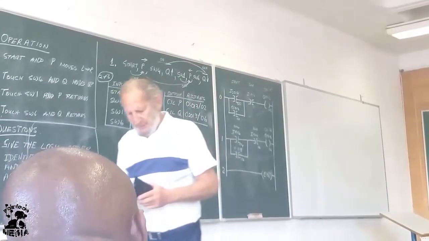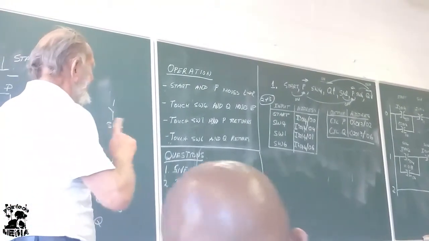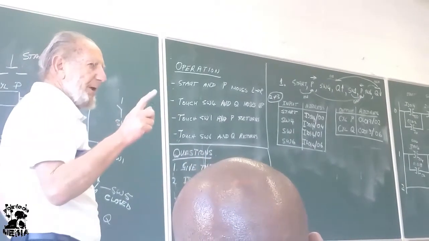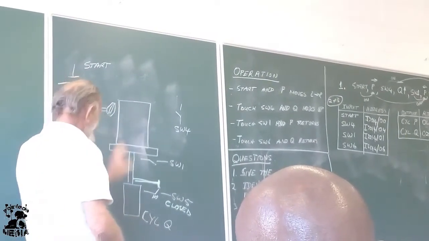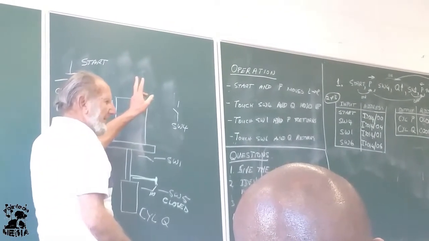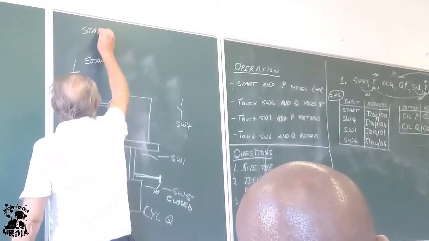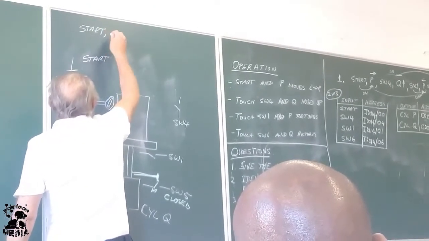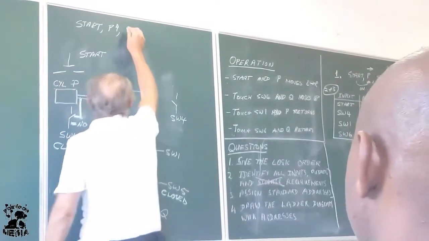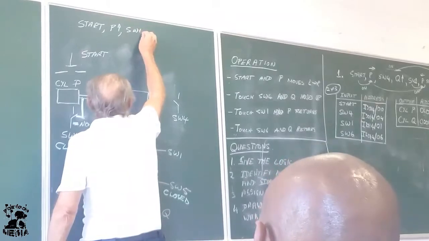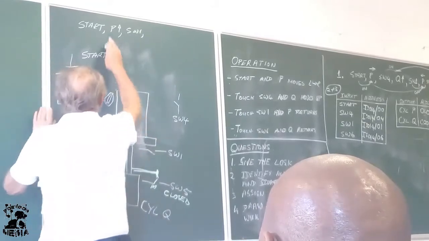Now, right, I just want to show you. We will do that one next year, but let me just show you. If I said that when I press the start button, P moves up. Then the logic will be start, P moves up. It will touch switch 1. Then Q moves up.